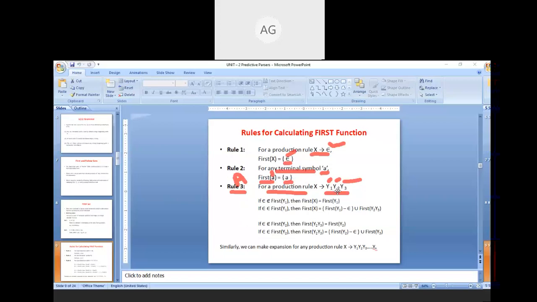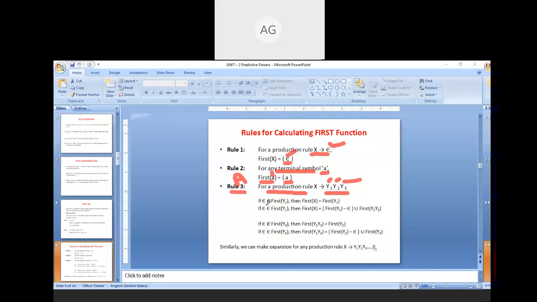But if we get the non-terminal on the right hand side, then the calculation is much more different. So in rule number three, these y1, y2, y3 are all non-terminals. There are some other conditions related to this rule.